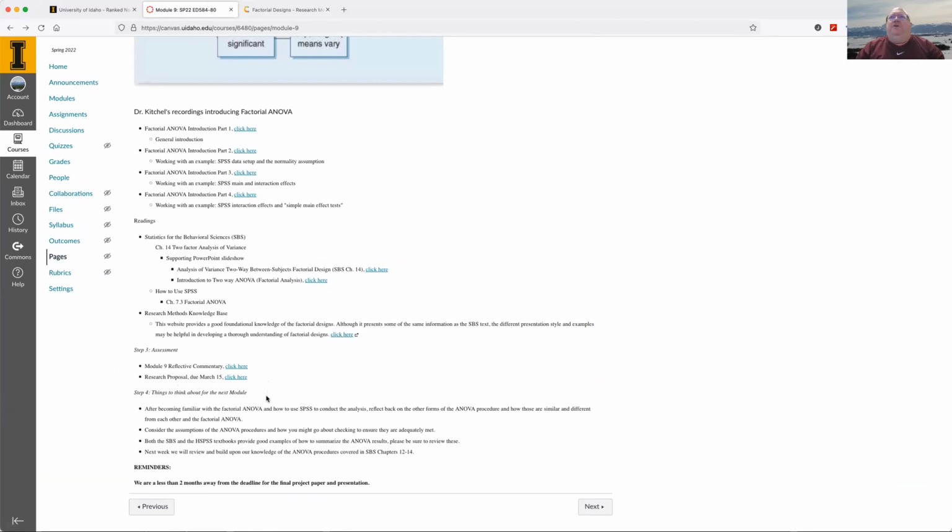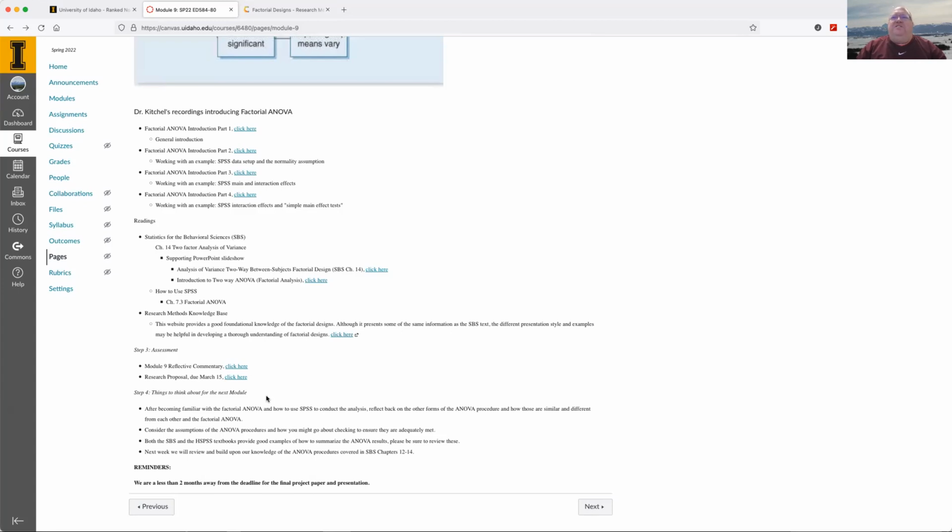After becoming familiar with the factorial ANOVA and how to use SPSS to conduct the analysis, reflect back on the other forms of the ANOVA procedure and how those are similar and different from each other and the factorial ANOVA. Consider the assumptions of the ANOVA procedures and how you might go about checking to ensure they are adequately met.